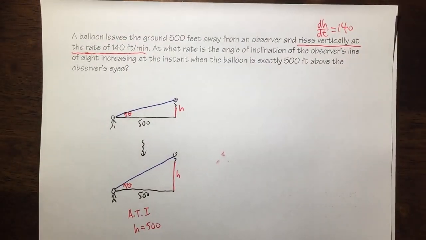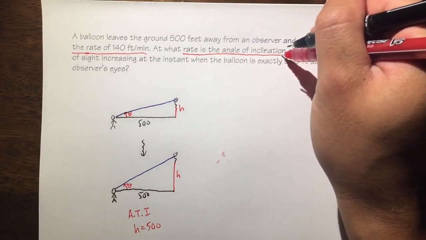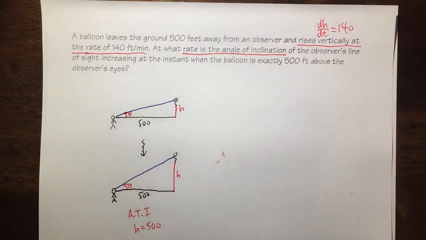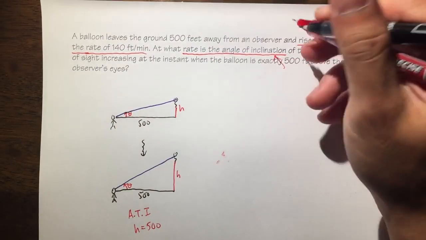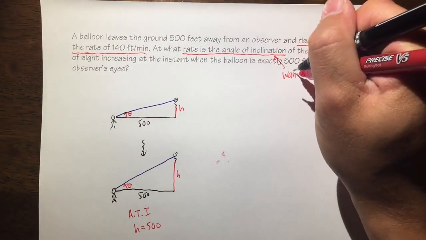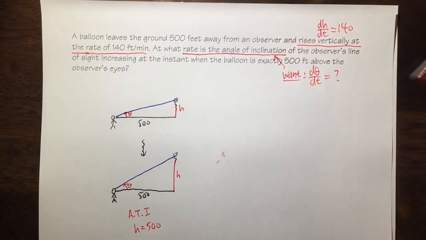That's cool. And the question is asking at what rate the angle of inclination is changing, and the angle is getting bigger and bigger. So I'll indicate that we want to know d theta/dt is equal to what?